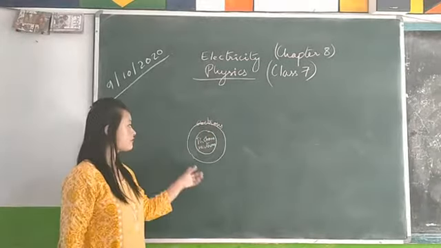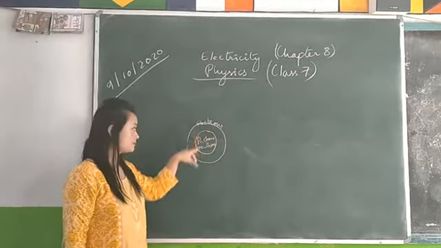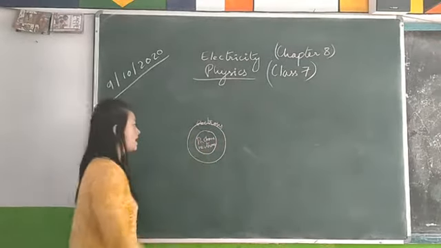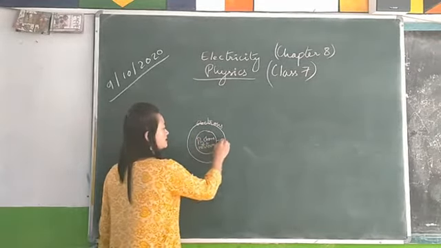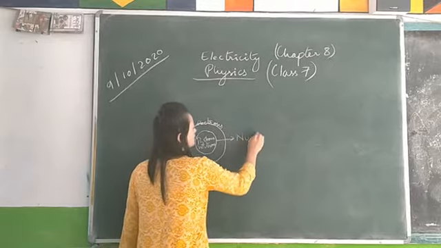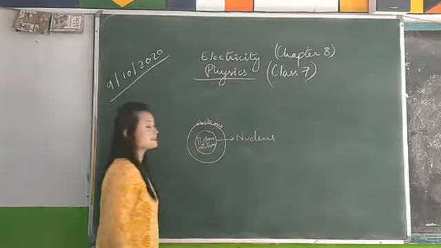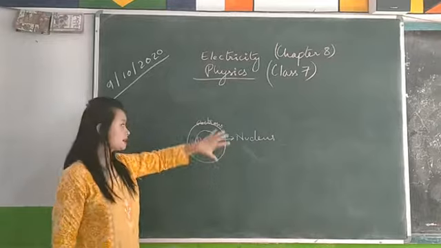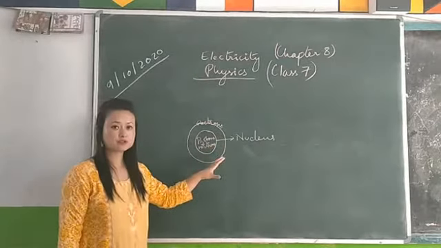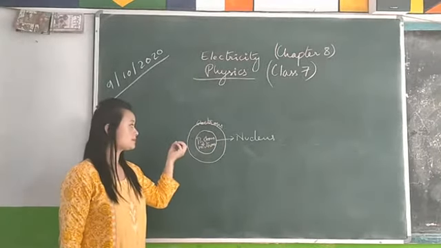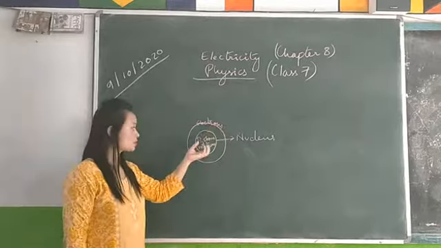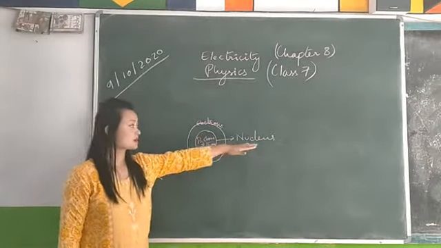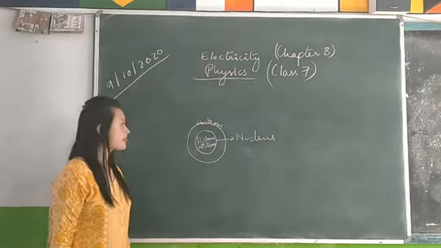Electrons revolve around the protons and neutrons, and protons and neutrons together are called the nucleus. So we say electrons revolve around the nucleus. We don't say electrons revolve around protons and neutrons. We say together, nucleus, where protons and neutrons stay together.